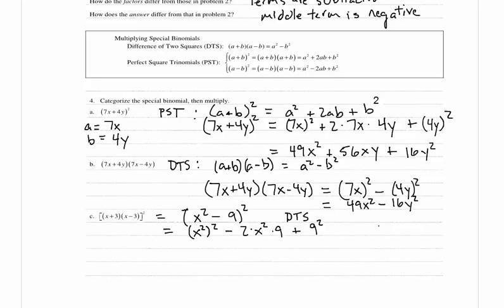And this was the perfect square trinomial. And this is equal to x squared squared is x to the fourth. And then we have minus 2 times 9 is 18 times x squared plus 9 squared is equal to 81. And that's our video on multiplying special polynomials.